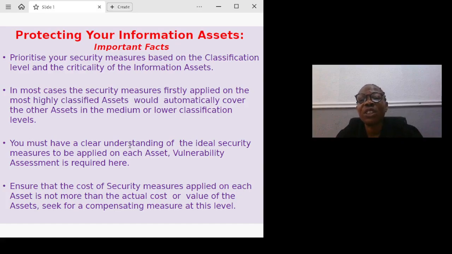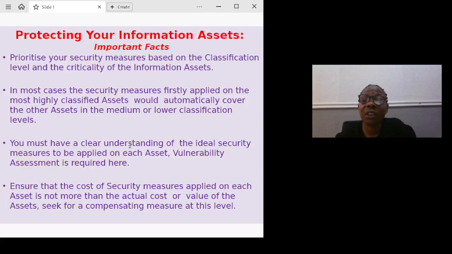So in protecting your information access, we've just understood how you can prioritize your security measures based on the classification level. Before that, you must understand all these concepts that we've talked about, and what it all entails, based on the classification level and criticality of the information assets.